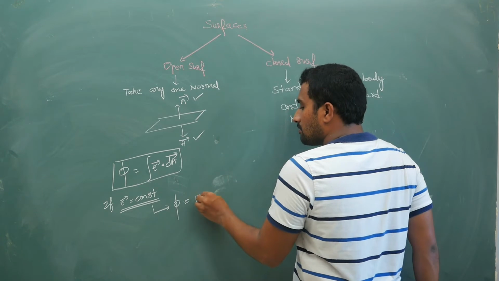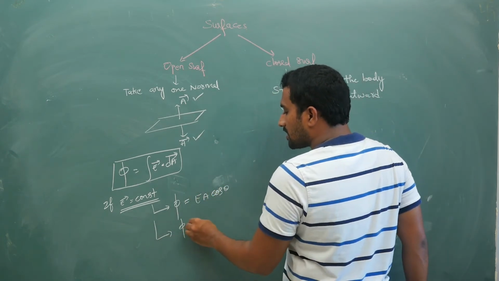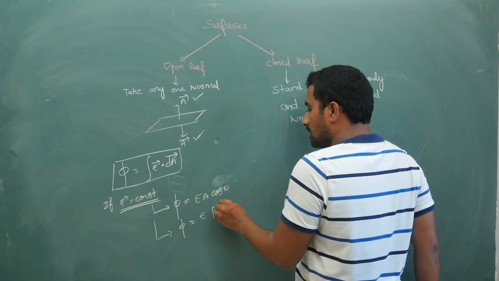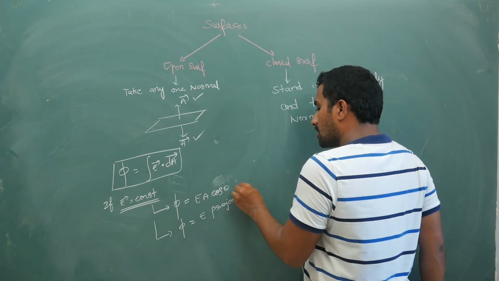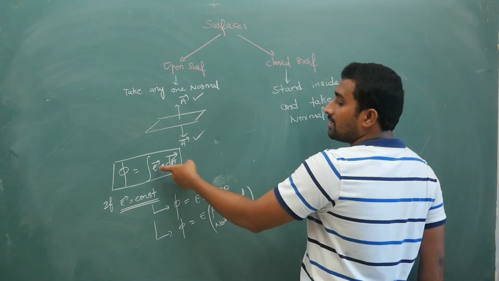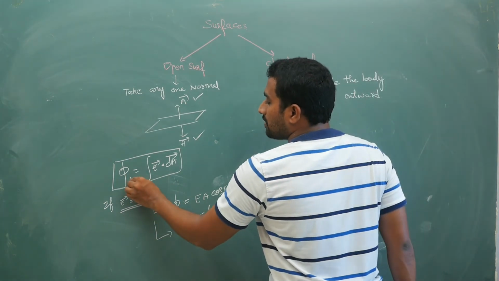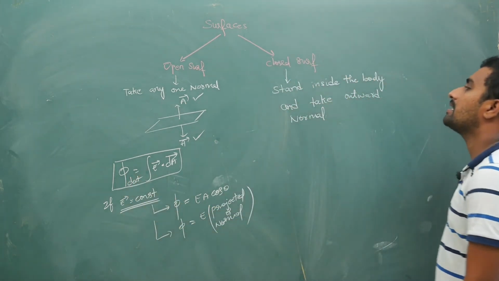Your flux is simply EA cos theta, or if you know the projected area, it is E times your projected or normal area. But if you have variable field, integration is the only choice that you have. You don't have any other choice for the integration part.